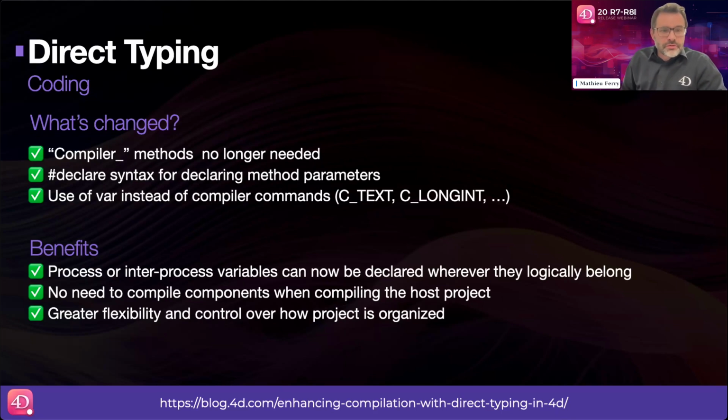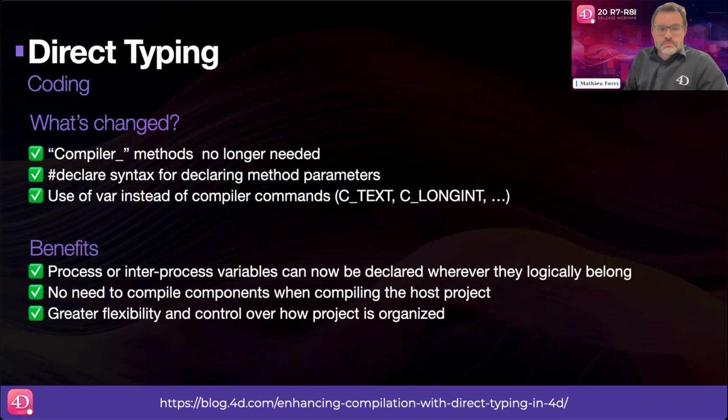So these powerful features introduced in 4D20R7 change how we declare type and type variables, making it easier, faster, and more efficient. The main key point is that direct typing eliminates the need of compiler methods. You can now declare process and interprocess variables directly in the code.